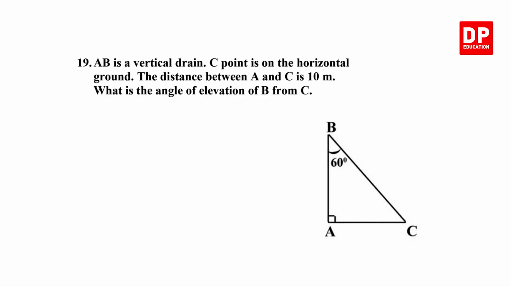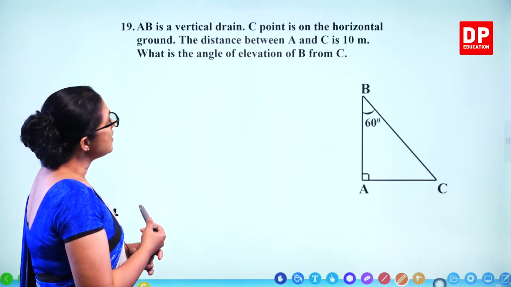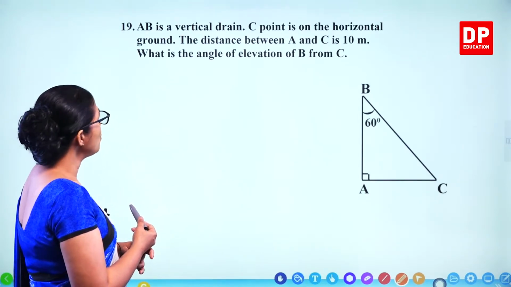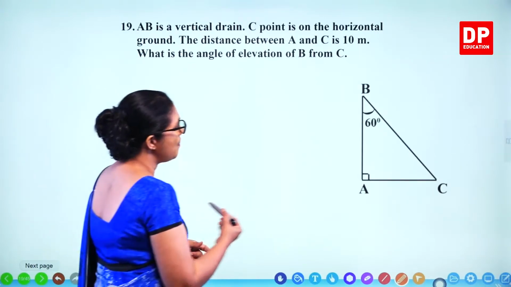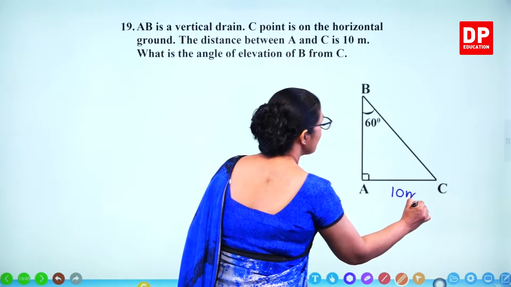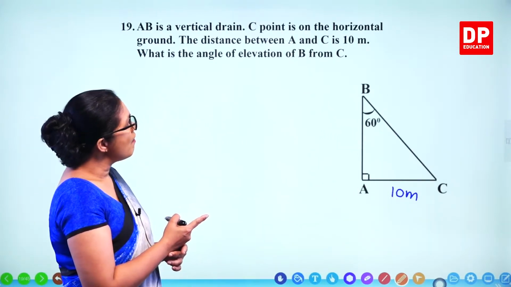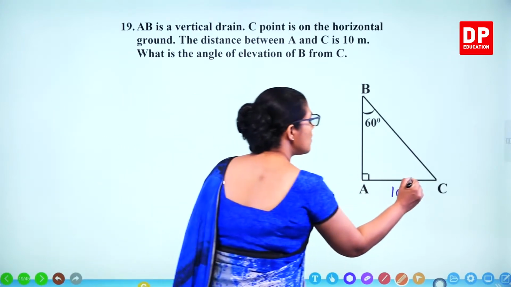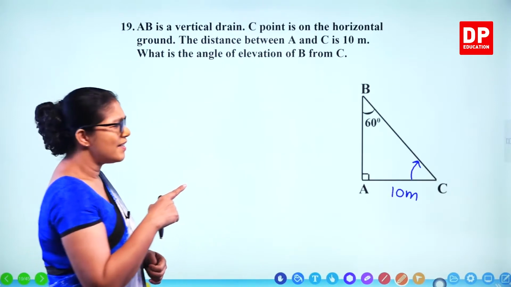Question number 19. AB is a vertical drain. C point is on the horizontal ground. The distance between A and C is 10 meters. What is the angle of elevation of B from C? This angle is not related to the length.